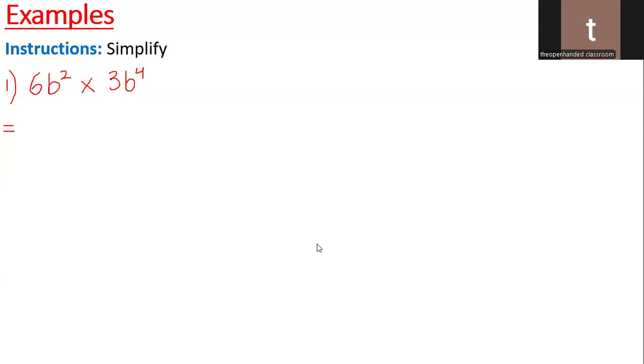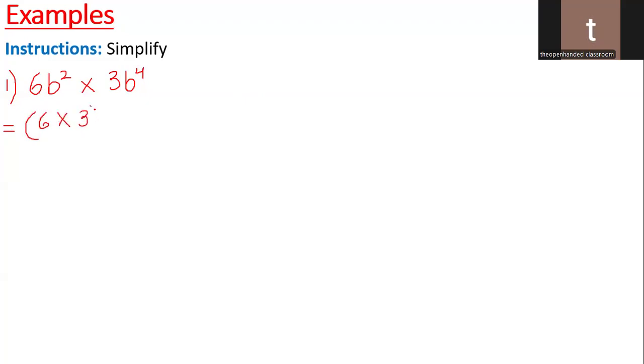Okay. Leah, you're right. The first thing we're going to do is multiply the whole numbers. So we have 6 multiplied by 3.